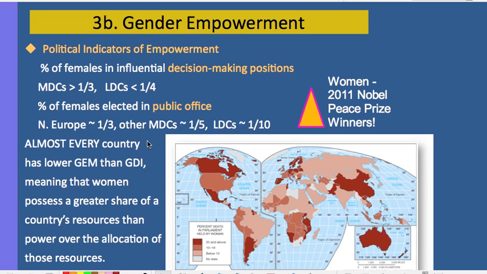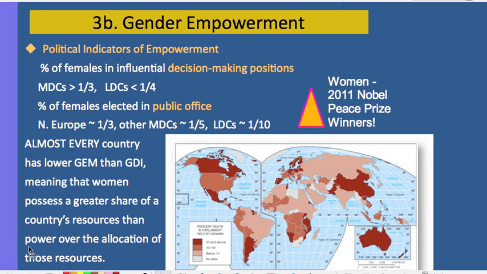So almost every country has a lower gender empowerment measure, GEM, than GDI. This means that women possess a greater share of the country's resources, that is, access to those resources like literacy or healthcare, than power over the allocation of those resources.